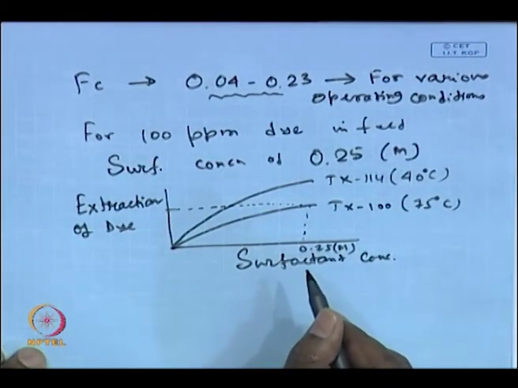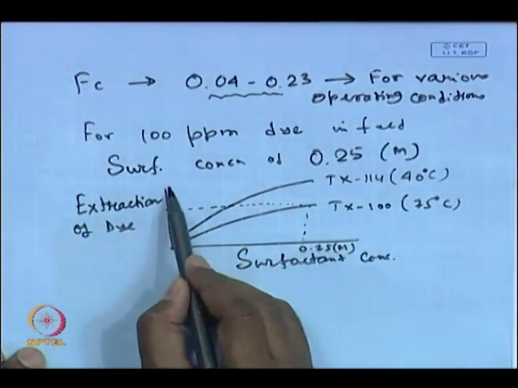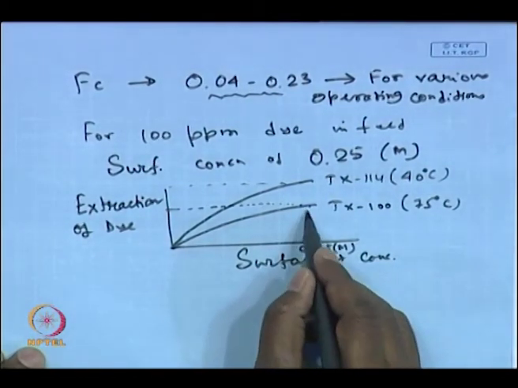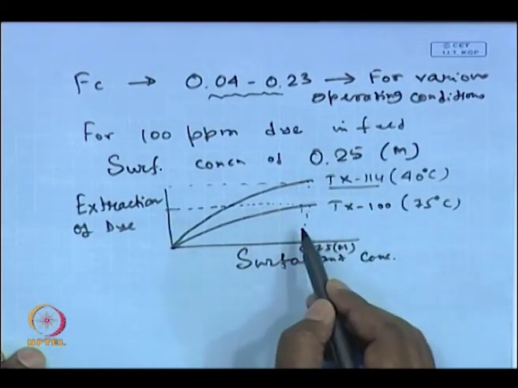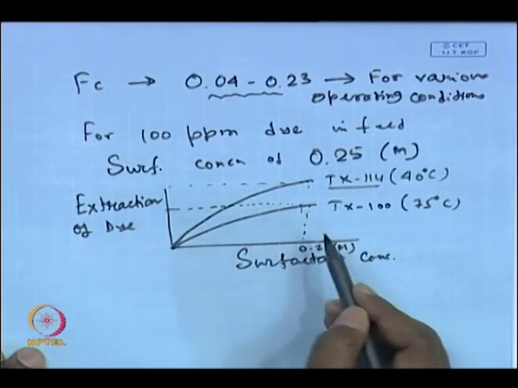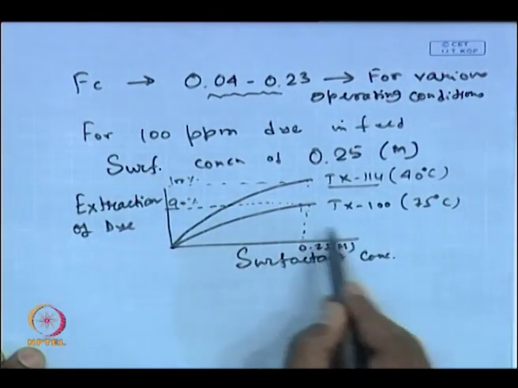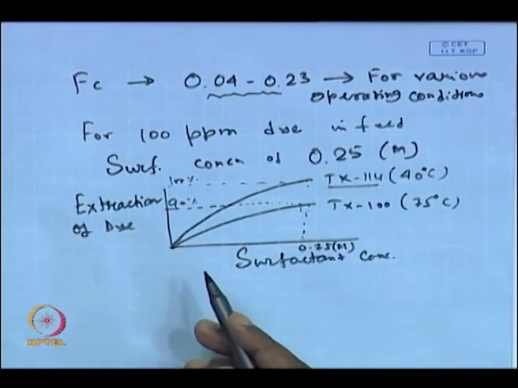At 0.25 molar one can get around 100% extraction if you use TX 114, and around 90 to 95% extraction using TX 100. Anyway, we will stop here, we will continue this discussion in the next class. Thank you very much.